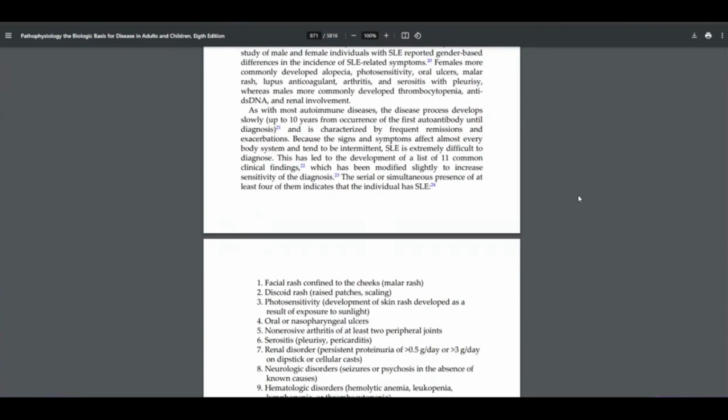As with most autoimmune diseases, the disease process develops slowly, up to 10 years from the first autoantibody until diagnosis, and is characterized by frequent remissions and exacerbations.